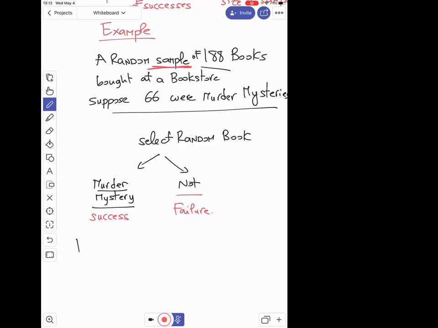So here, the probability of success p is unknown, because we don't know the percentage of murder mysteries in all the books in this bookstore.